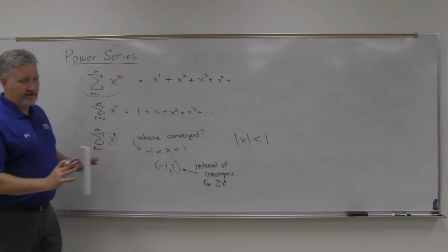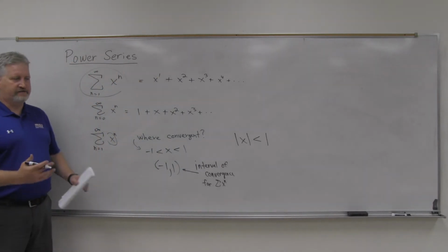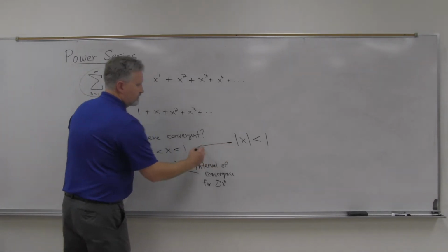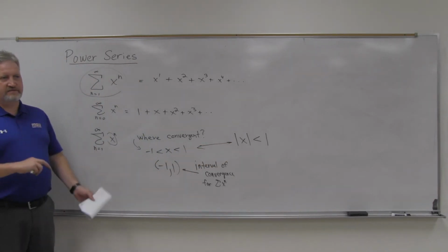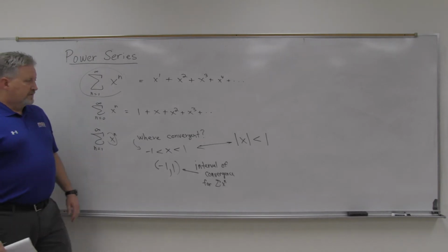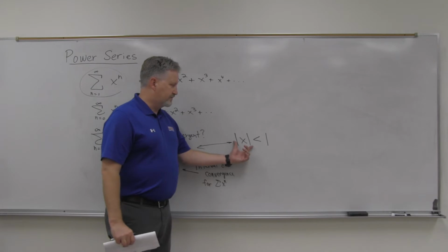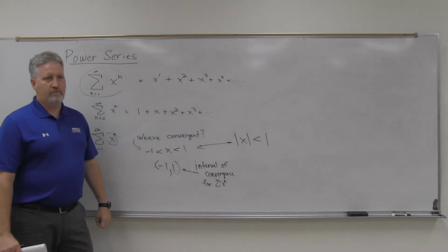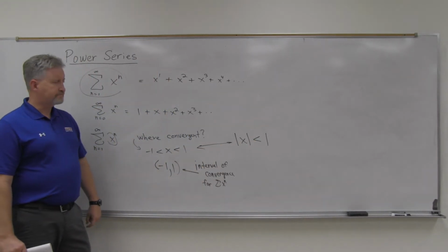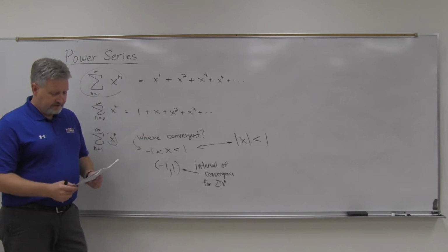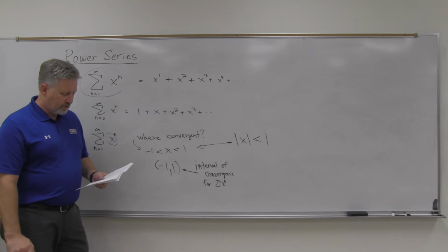So that's another way, and we'll talk about the connection there between the two. But those two are one and the same. If you said x is between -1 and 1, that's also another way you could write it, is the absolute value of x is less than 1. Okay? And that'll play a role in things as well. Okay.